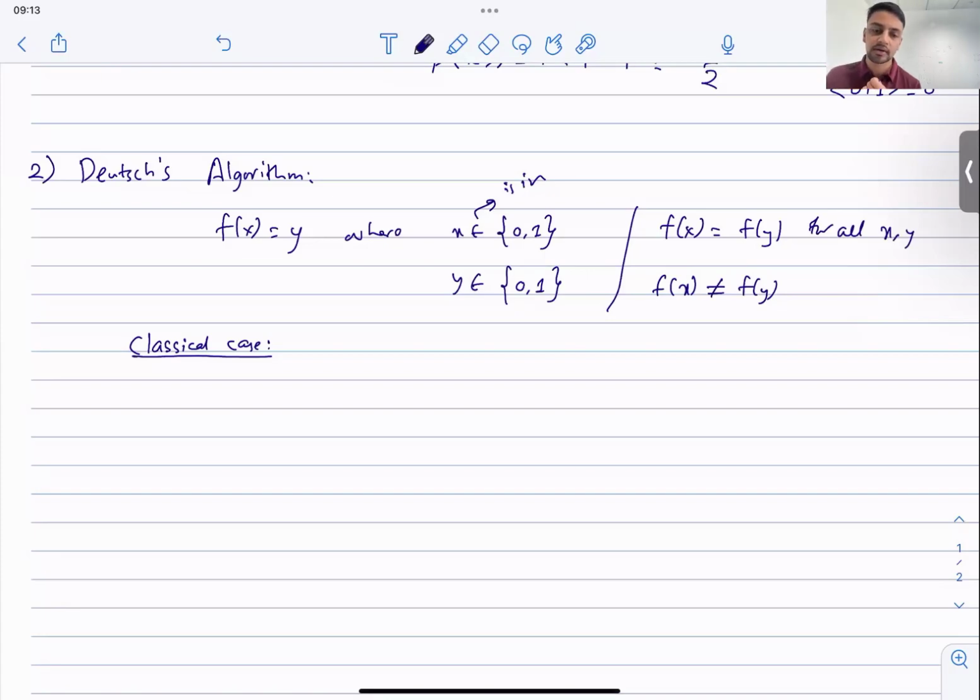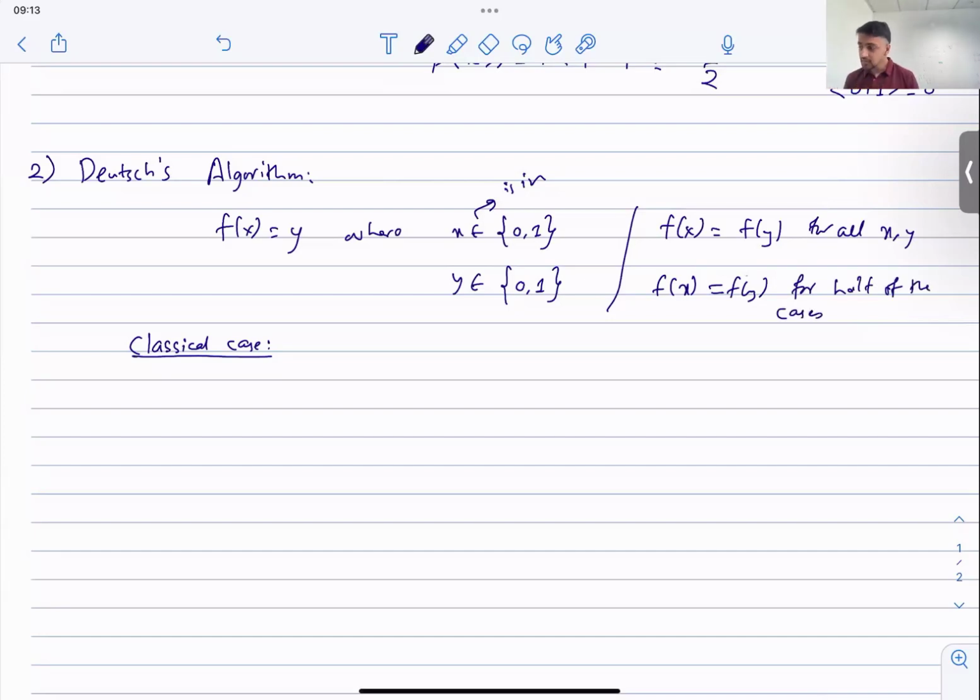This is the case for one bit, by the way. So you can just say this is not the case, or you could also say f(x) equals f(y) for half of the cases, to be more precise.